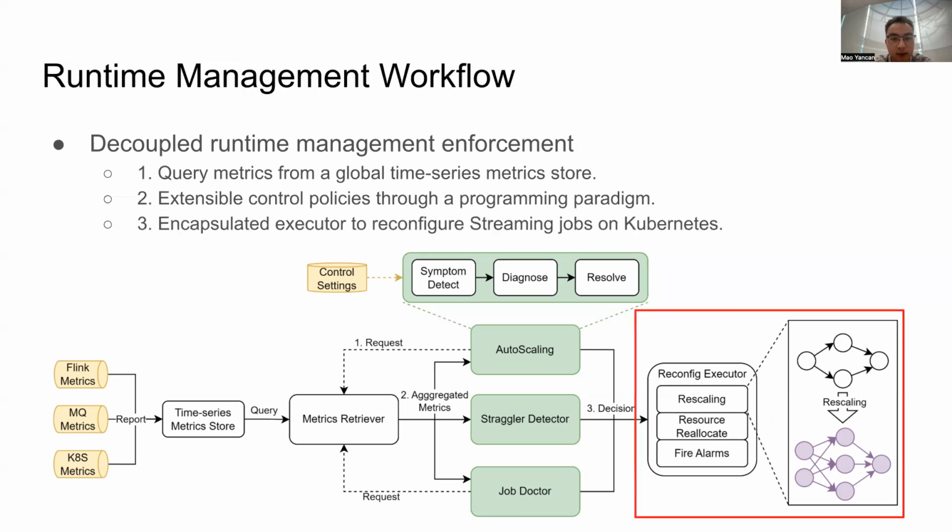Third, the reconfig executor encapsulates predefined dynamic reconfiguration mechanisms to adjust resource and workload configurations. For those reconfigurations that are temporarily unsupported, the executor can also fire alarms with diagnosis insights to owners of streaming jobs for manual update.